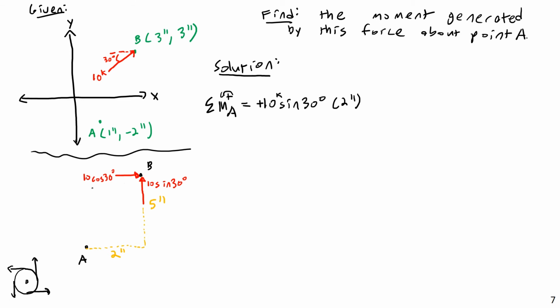Okay, so I know that's a long explanation, and hopefully you can wrap your brain around that, or this is also one of those things that you just get better at with practice. Then minus 10 kips times the cosine of 30 degrees, times 5 inches.